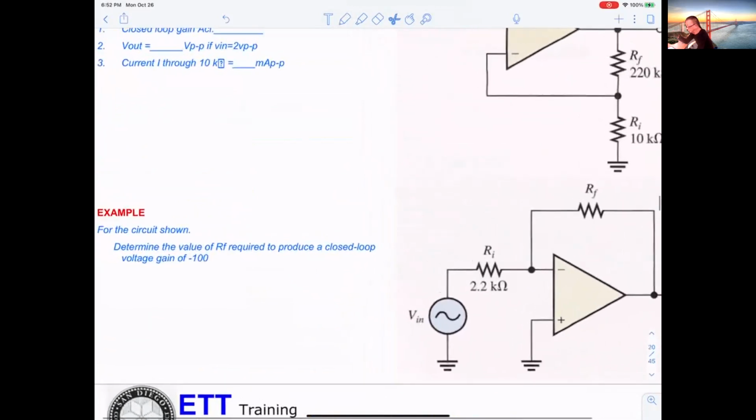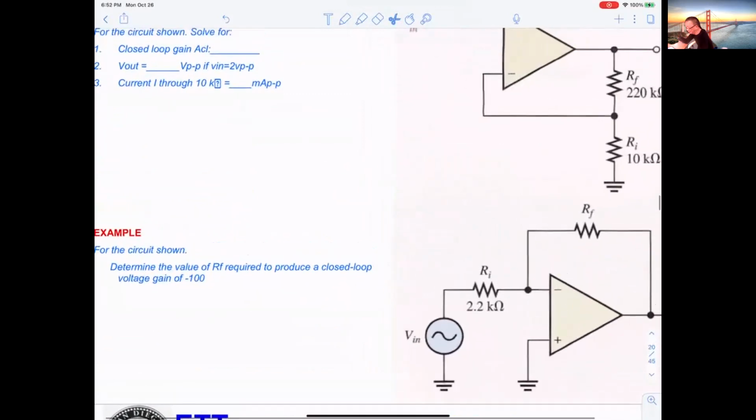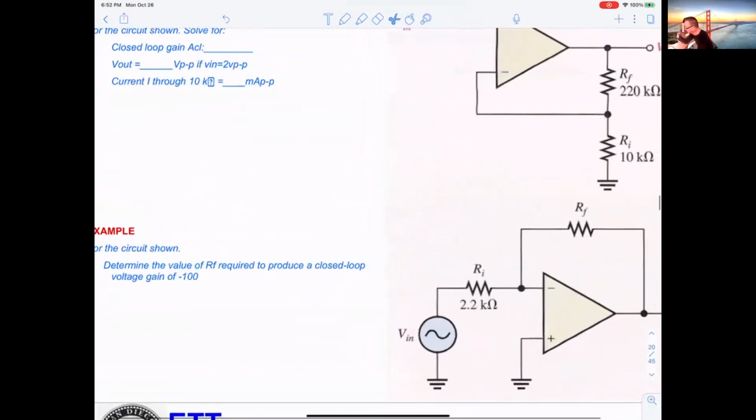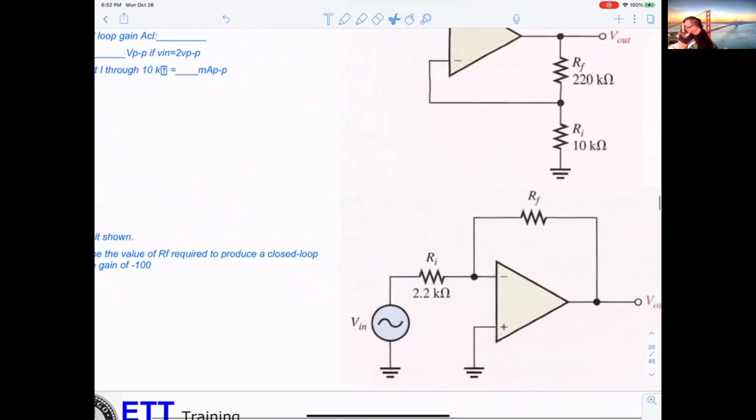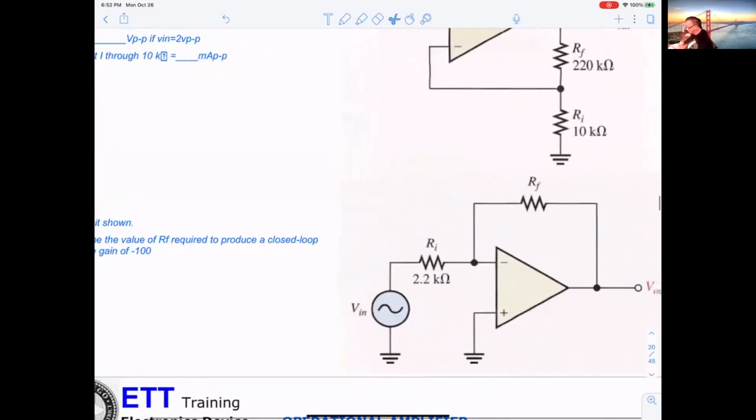Okay, I want you to look at the value of Rf. You can try that. We will start tomorrow at this problem here.